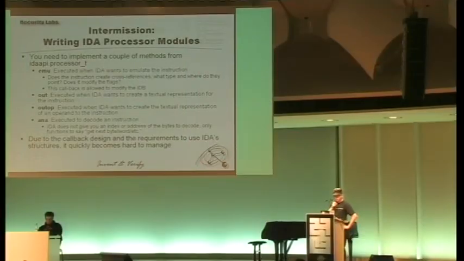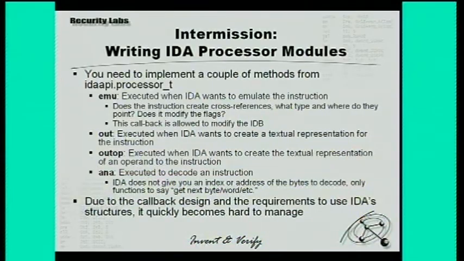Define a number of basic properties, and then implement a couple of functions. What you need to implement is a function called emu, and it's not the bird. This is executed when IDA wants to emulate the instruction. It allows you to change things in the IDB. Then there are two functions called out and outop. They're individually called back. Out outputs the mnemonic, and outop then the operands.